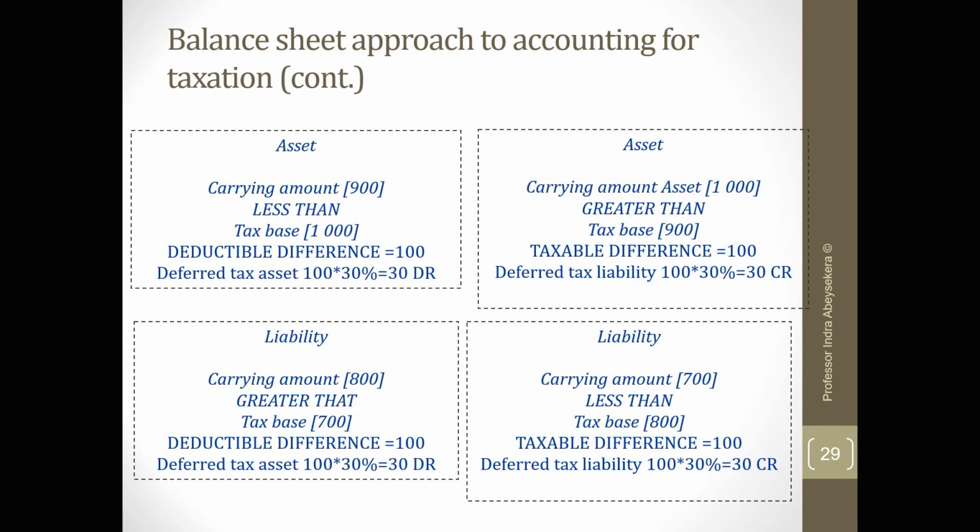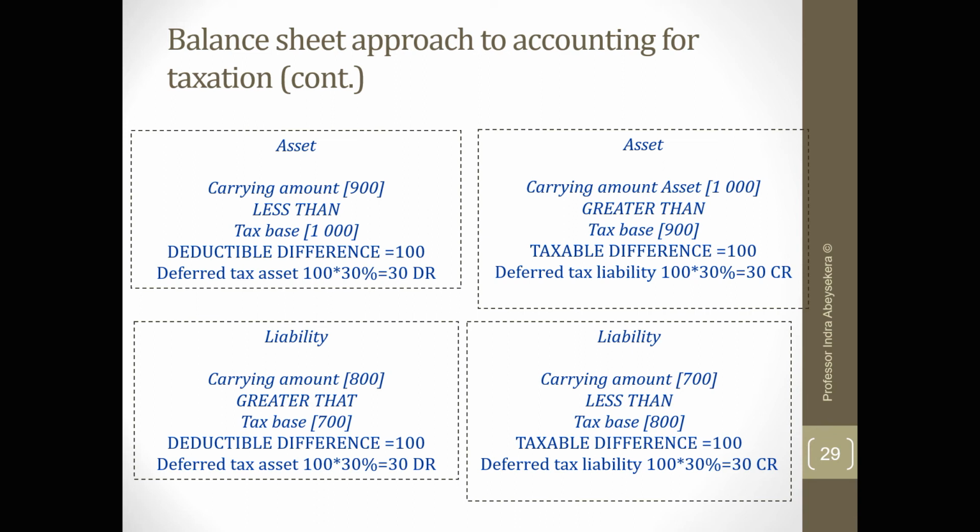But if the carrying amount of the asset is greater than the tax base, that difference is a taxable difference, and applying the tax rate gives a deferred tax liability.